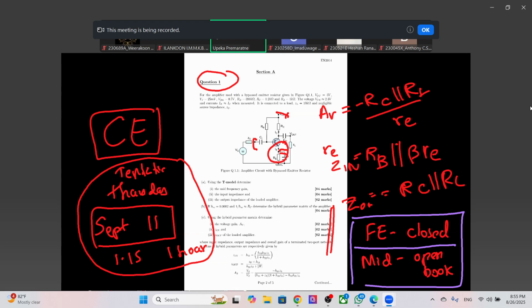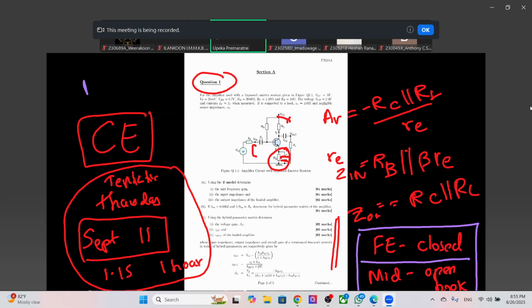I agree, we can also take the input impedance. If we do not bypass the emitter resistor, the input impedance will be simple r_e plus capital R_E.